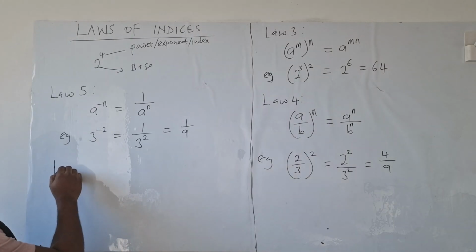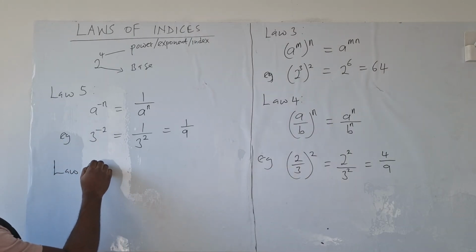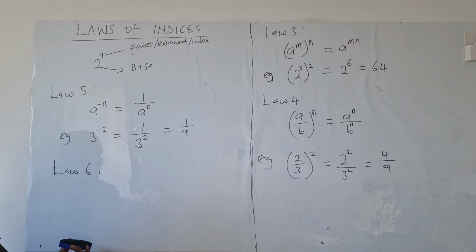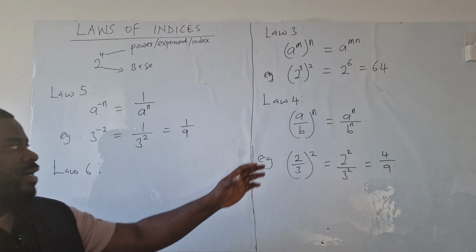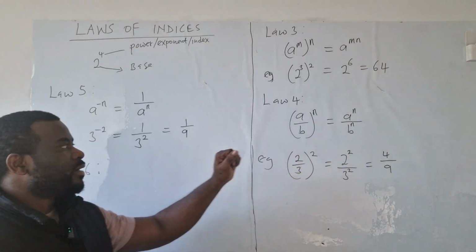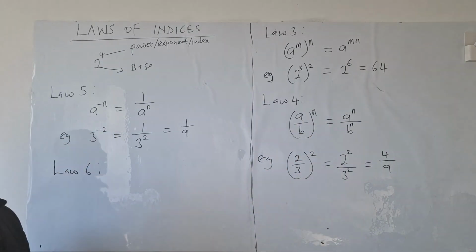Now let's look at law 6. Law 6 is also about a fraction with a negative power. Unlike the previous one, where we had a fraction with a positive power, when you have a fraction with a negative power, how do you deal with it?